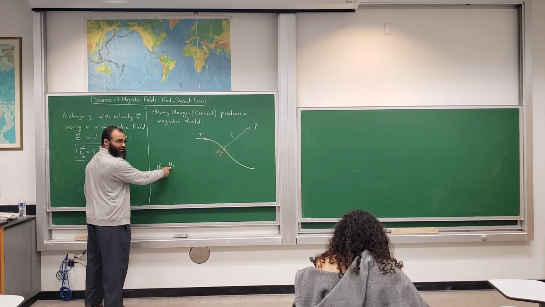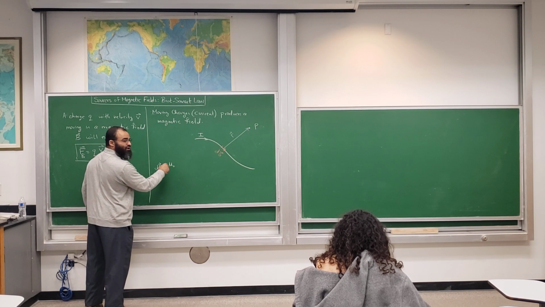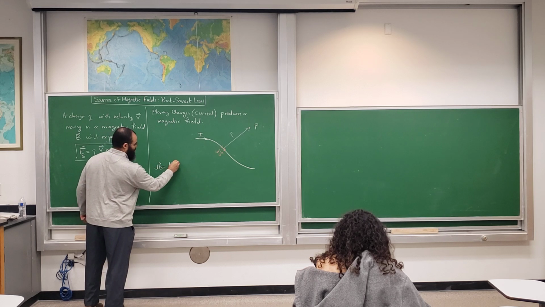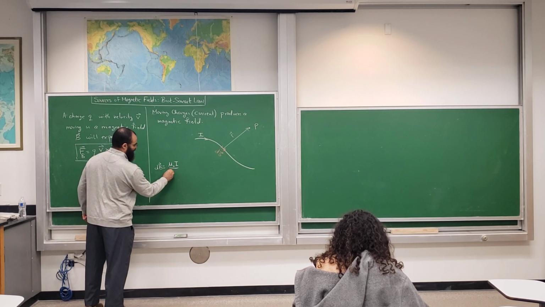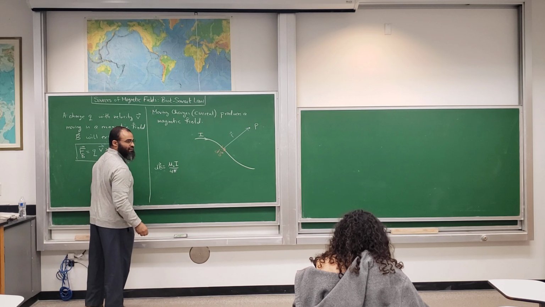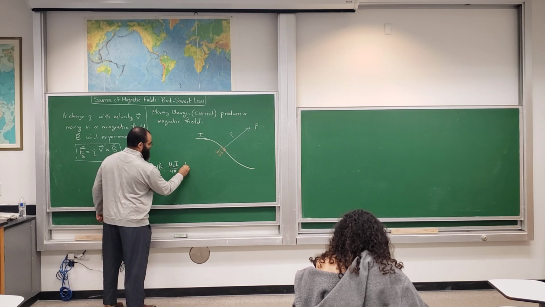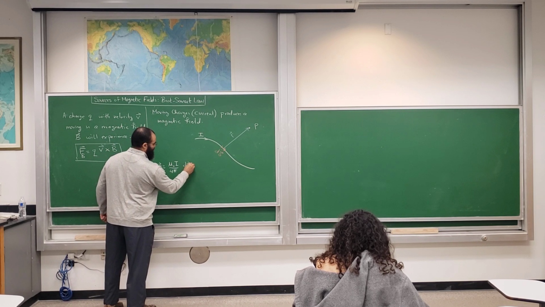We'll see what the constant is in a second. It's similar to epsilon naught, mu naught. The current in the wire, I, divided by 4 pi, and then ds, the cross product with r hat over r squared.